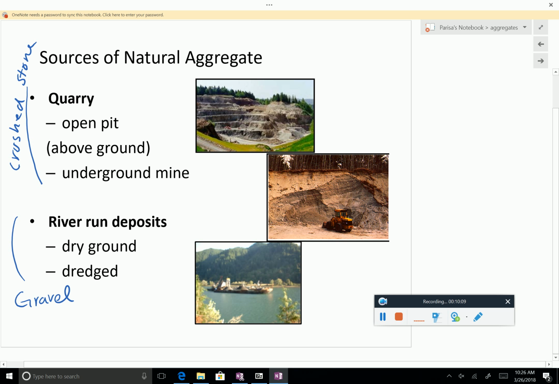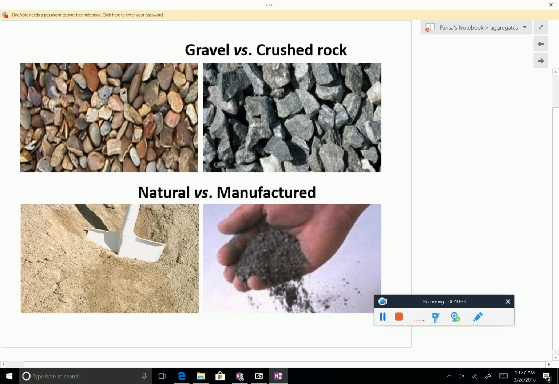If you look at the gravels, they're round and shiny, right? But if you look at quarries, they have to blast them, they have to cut them out. So they come out edgy. And you'll see that these two types of aggregates have different properties, and we need them for different applications. So they're both useful.